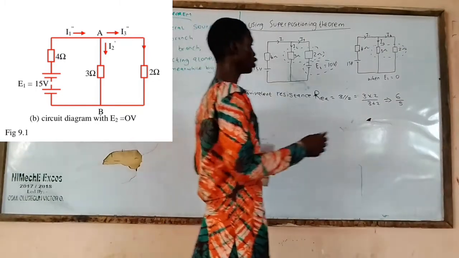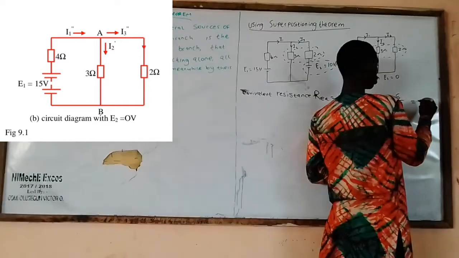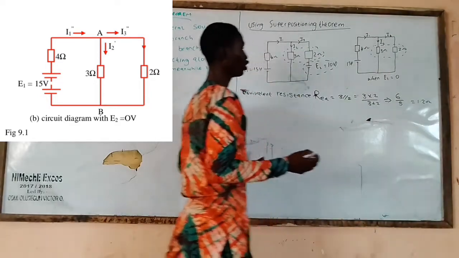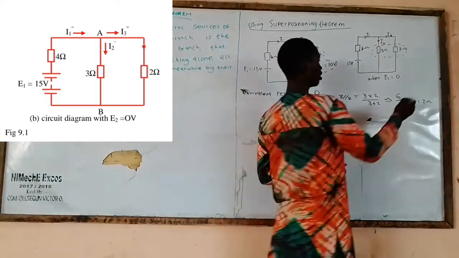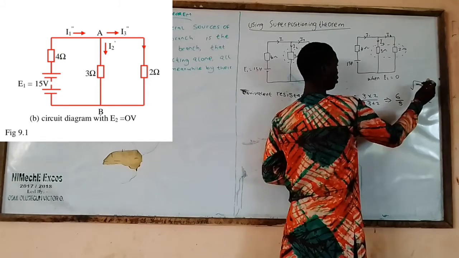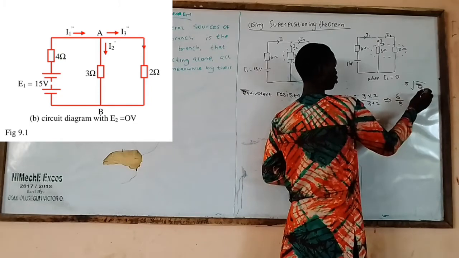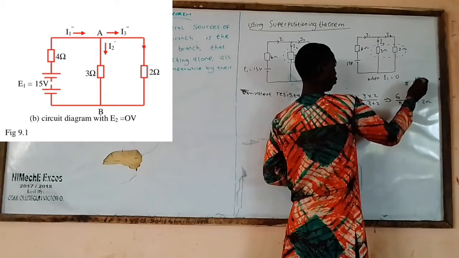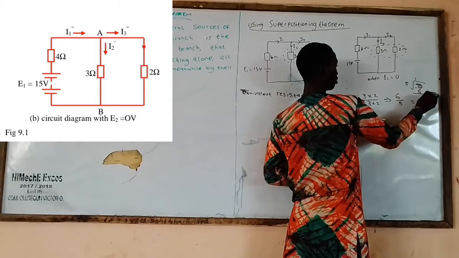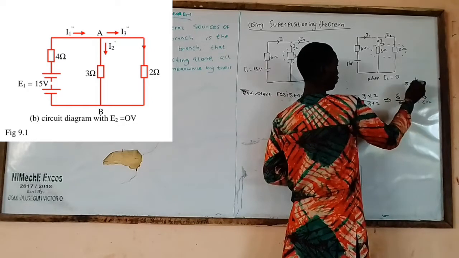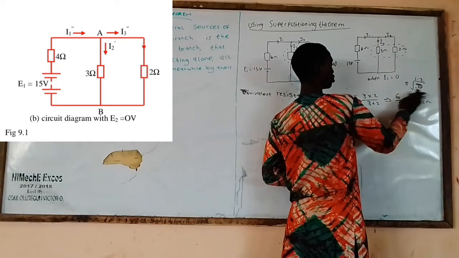So this gives us 6 divided by 5, which equals 1.2 ohm. You can do the division: 6 divided by 5, we have 1, 1 times 5 is 5, subtract, add 0, so 10 divided by 5 is 2, giving 1.2 ohms.